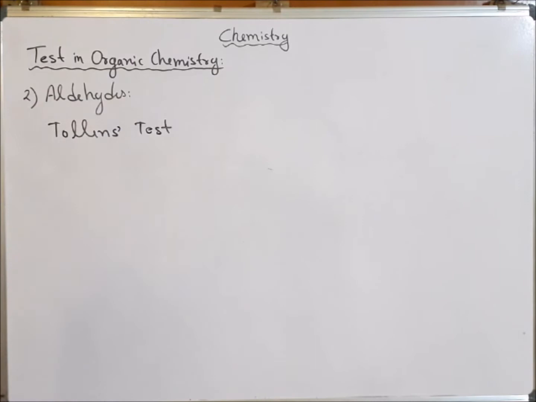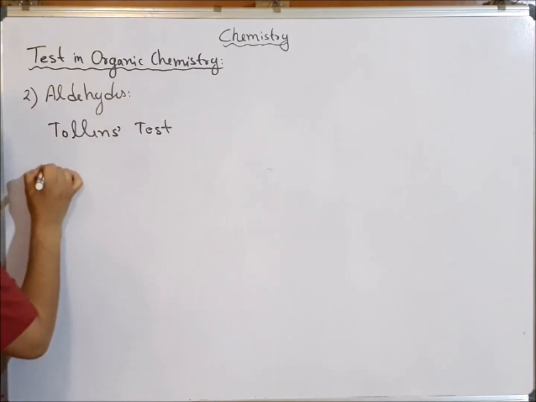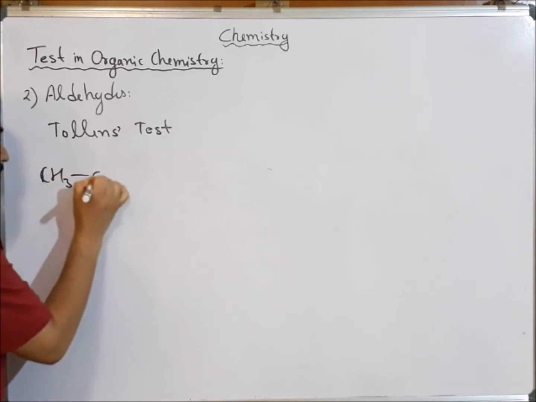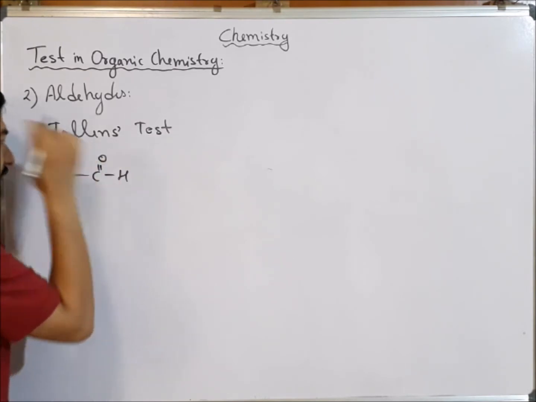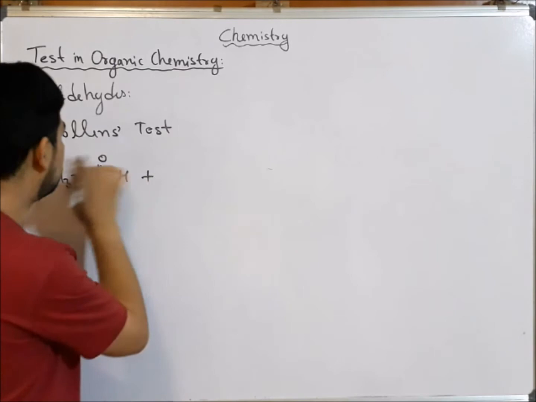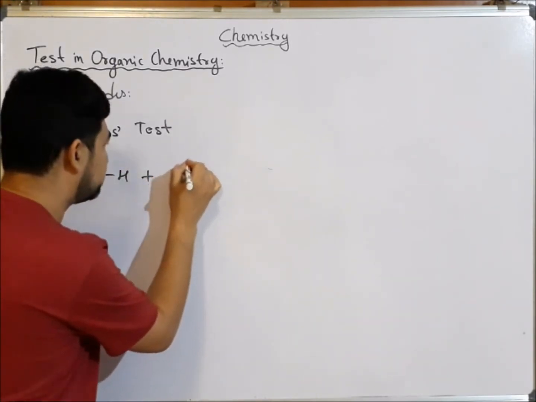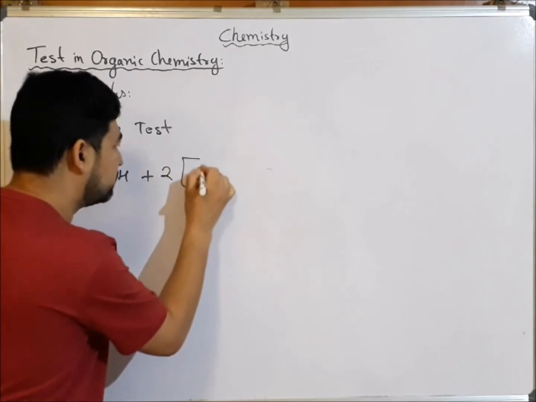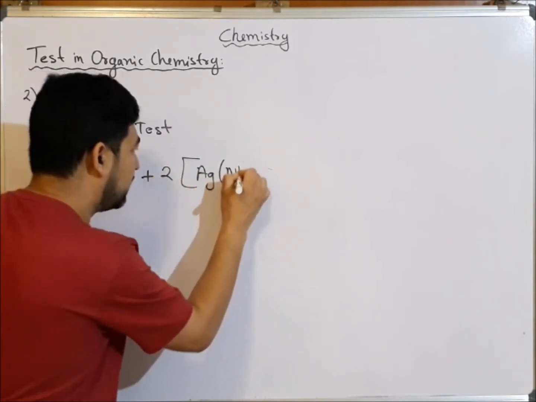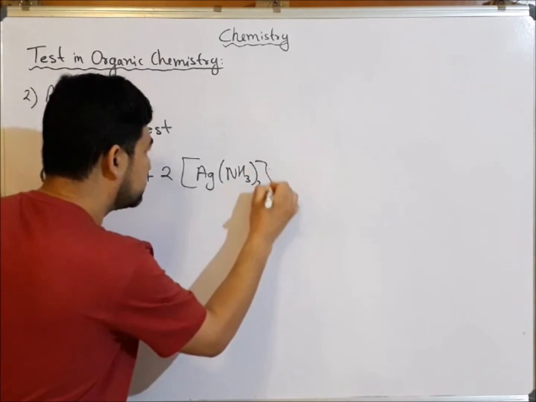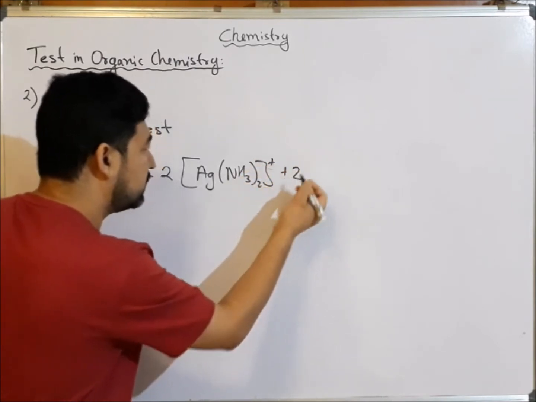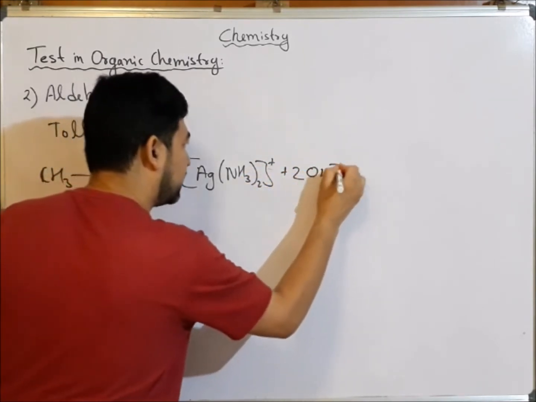So the Tollens test. Here we have an aldehyde, suppose, and it reacts with Tollens reagent, that is ammoniacal silver nitrate, 2 molecules of Ag(NH3)2+ plus 2 molecules of OH negative.